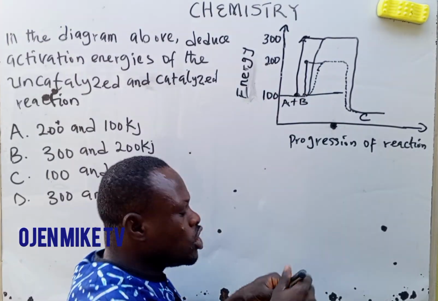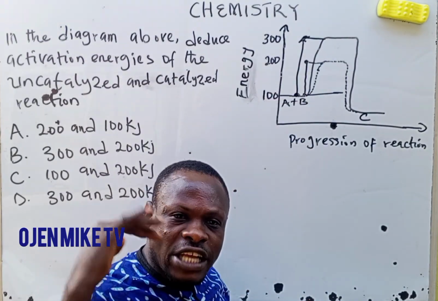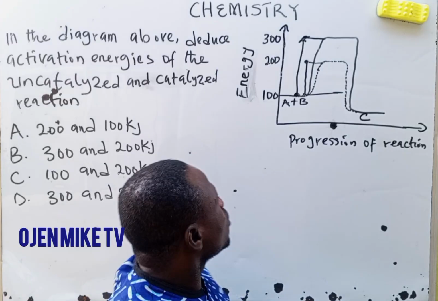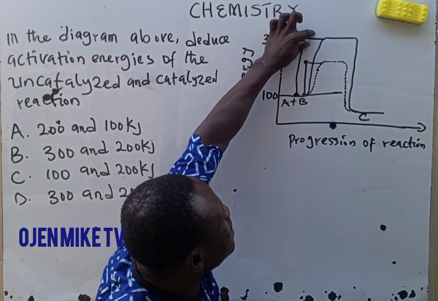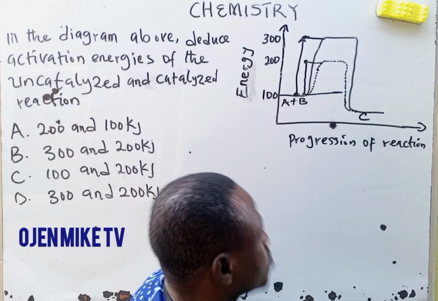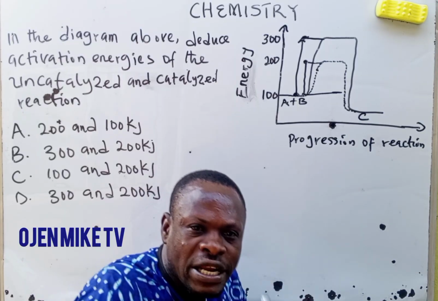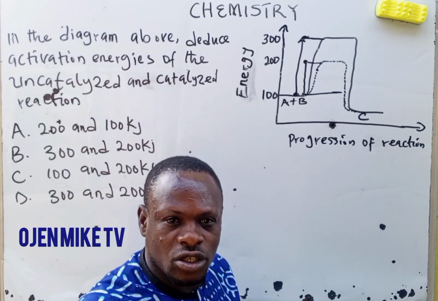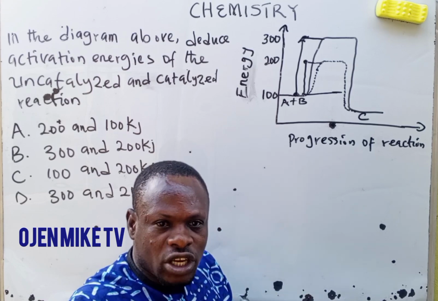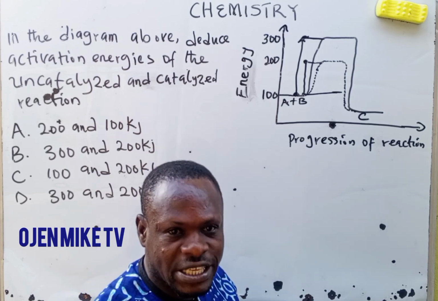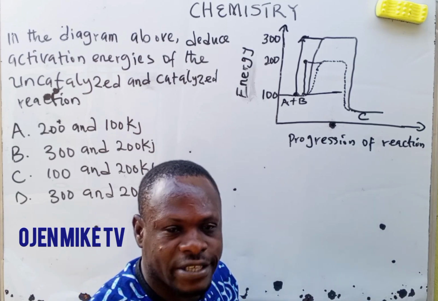Okay? Now, at the time that a catalyst has not been added, the activation energy is at this point. I told you that the catalyst helps by lowering the activation energy. Do you get that? It lowers the activation energy so that product can be formed faster as soon as the particles begin to collide.